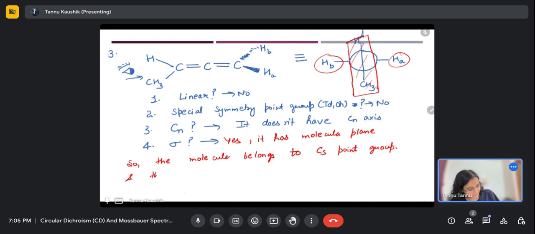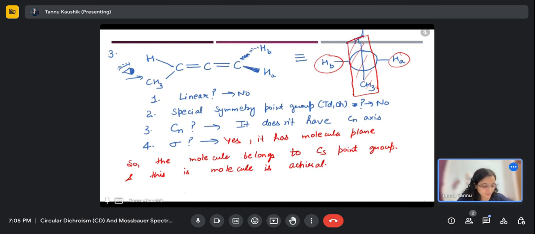And this molecule is achiral, since it doesn't belong to a Cn or Dn point group.